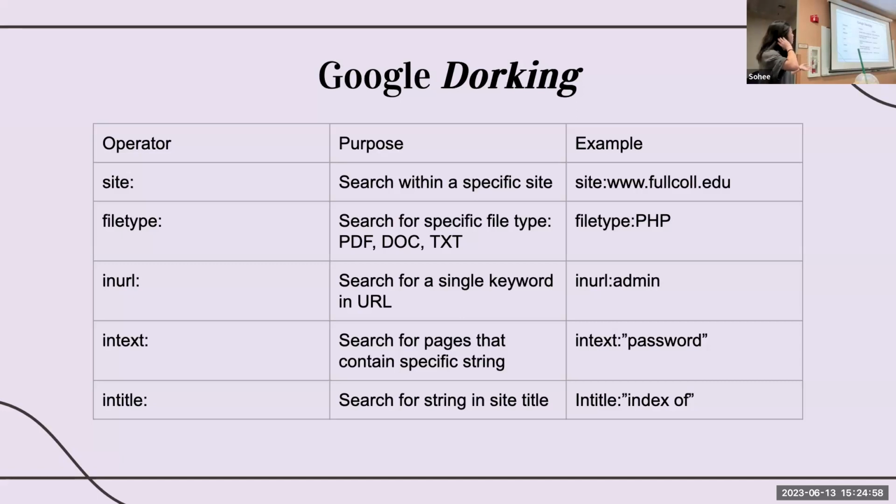This is really helpful if you're looking for specific information. So maybe you just want to look for passwords, right? You can do intext:password or intitle. And then index of, usually you'll use that when you're looking for directory listings, which we can talk about later. But yeah, you guys can try these on your own. They're really helpful when you're looking for really specific searches.